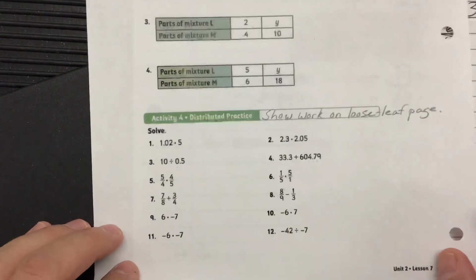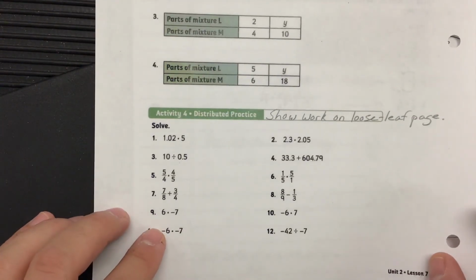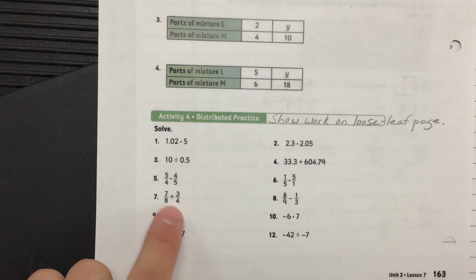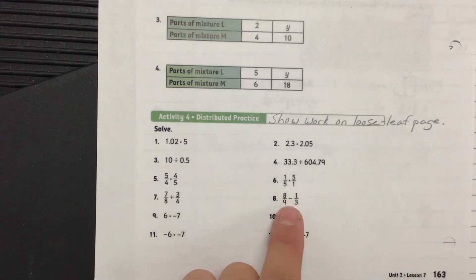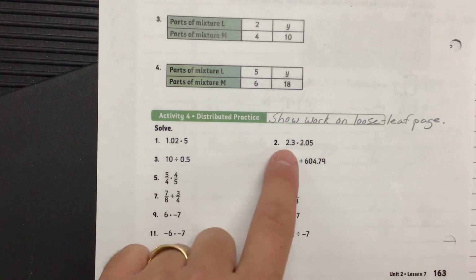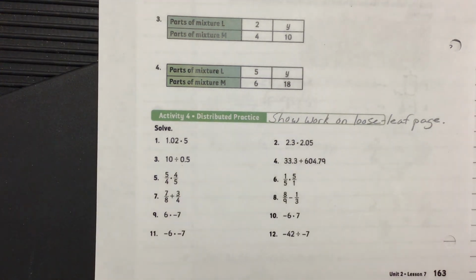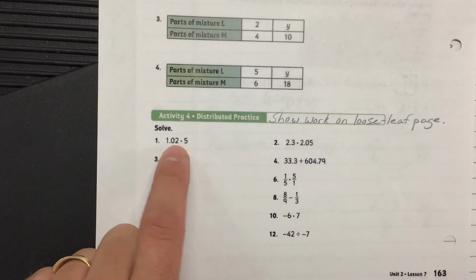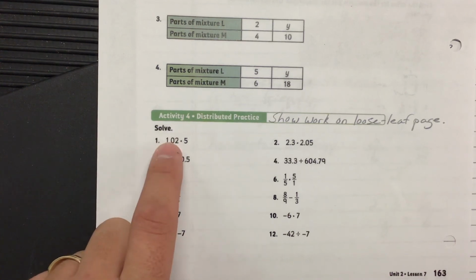Okay, again, activity 4 is constant review, making sure we keep our skills. Make sure to use a common denominator when we add or subtract fractions. And make sure a decimal goes in the correct spot when we are multiplying. So this one, once you multiply, you're going to have to move the decimal over 2 spots because you have 2 decimals there.